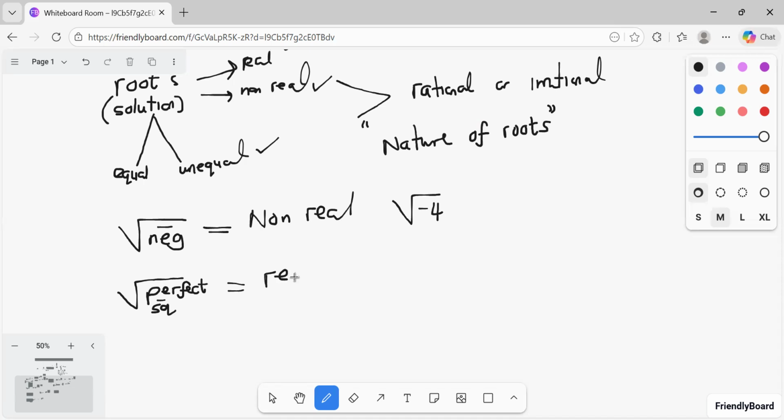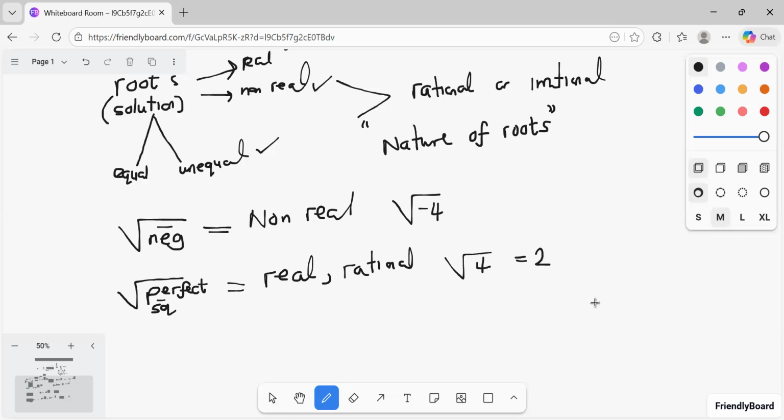We all know that. It is also rational. For example, the square root of 4 is equal to 2. So you can see this is real and also rational.